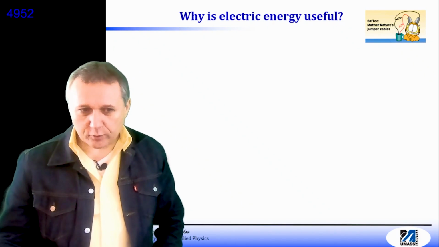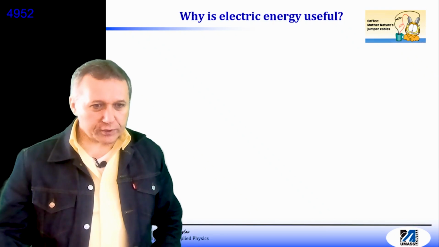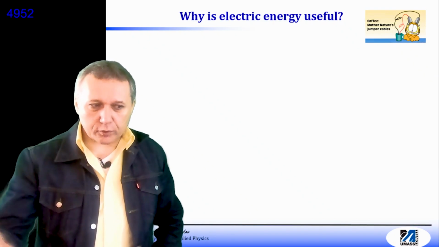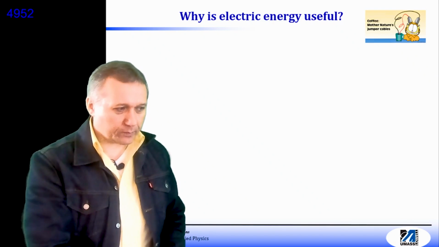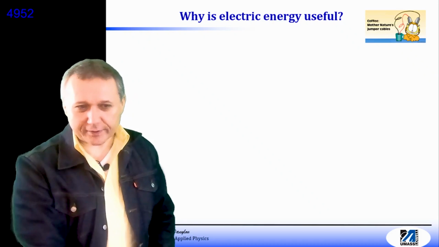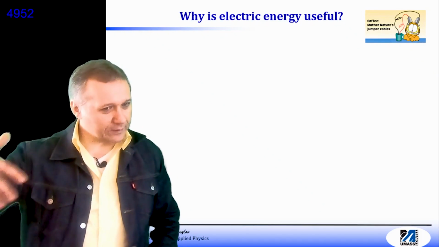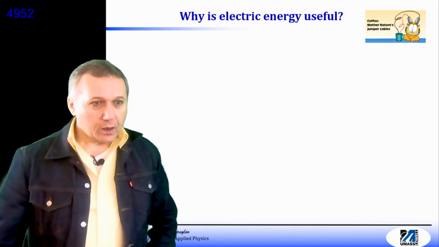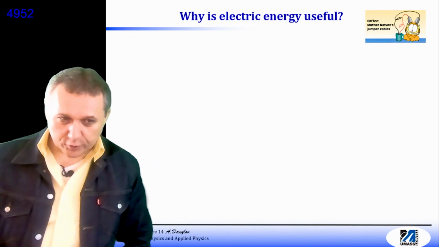Of course, the answer is more or less obvious. Thermal energy you can also, for example, transport over short distances, for example, from the basement where the boiler is to your house, warming the house. But it can be done only over short distances.